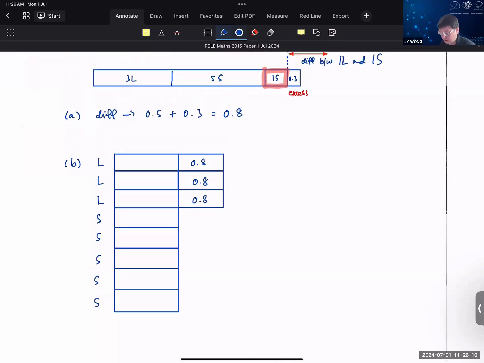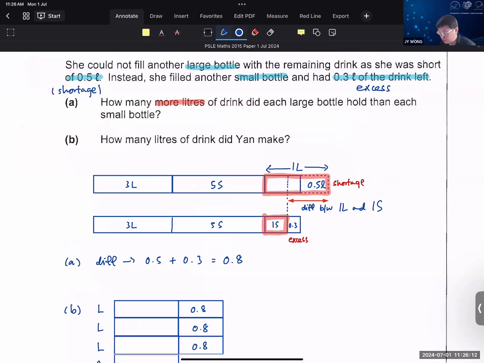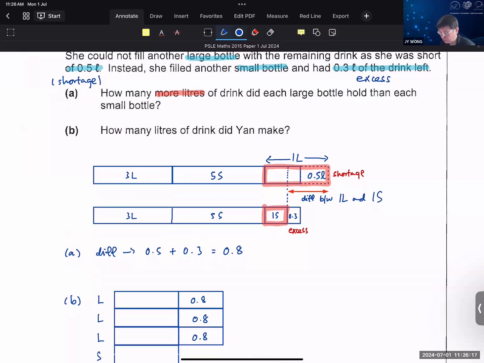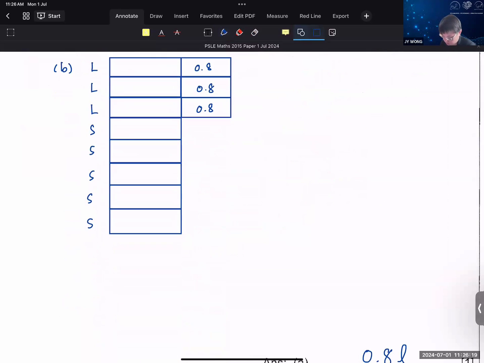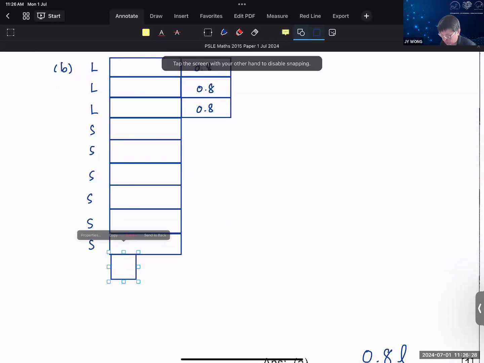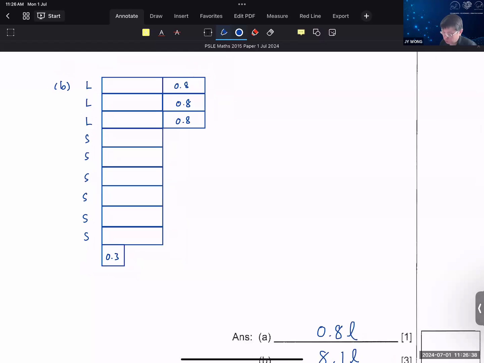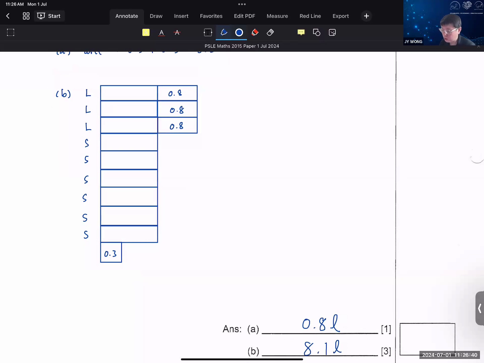And this is where you need to be careful. After she filled 3 large and 5 small, she still had some drink remaining. So she managed to fill another small bottle. So actually, she managed to fill 6 small. But after the 6 small, she still has what? She still has 0.3 liters left. So you all need to be careful with how you process the model.